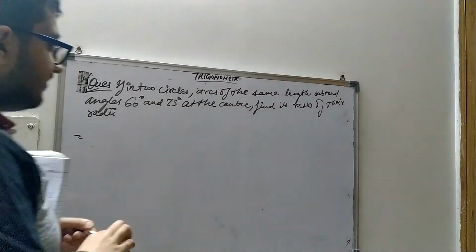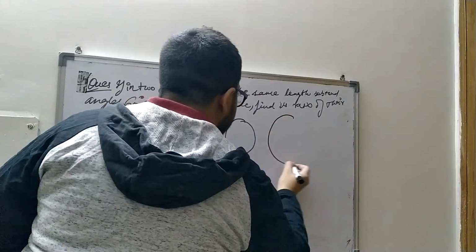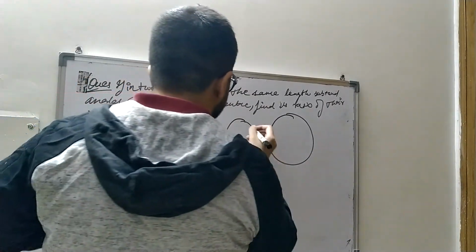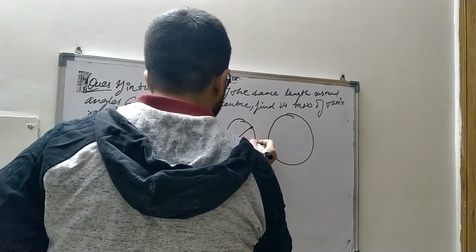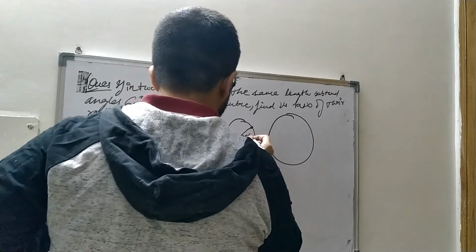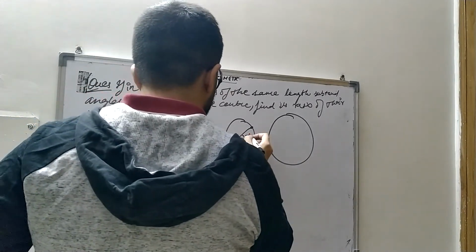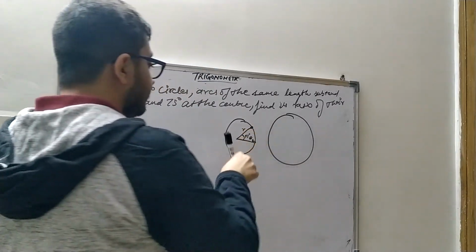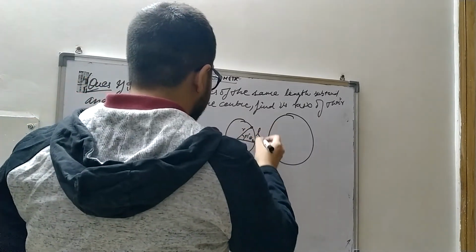So basically we have to take two circles, the angle is 75 degree, then theta 2, and for the inner radius we take small r, and we take this L.